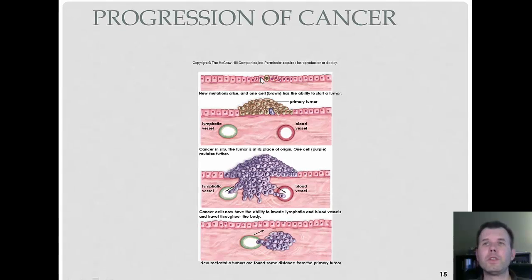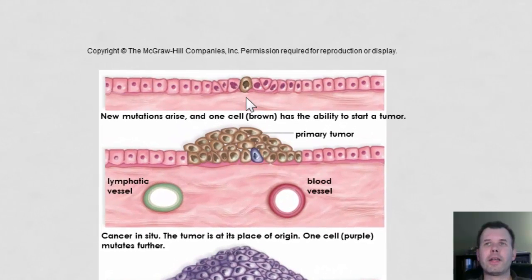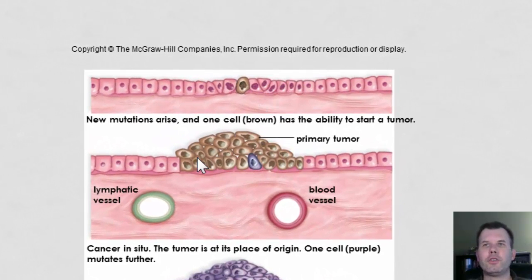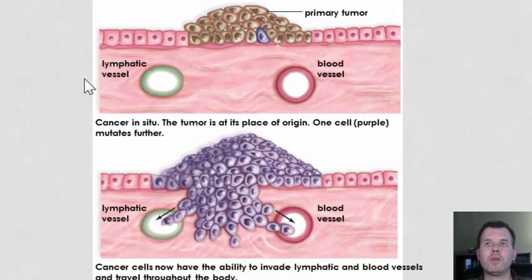Okay? So again, looking at the progression, you can see here, here's a normal cell that gets converted, some type of mutation to it. These cells start to grow a little bit out of control. You start to see these little tumor cells forming. And this is why they always tell you to check your skin and look at these things. Keep an eye on things. If something doesn't look right, get it checked out by the doctor. Because eventually these things start to grow out of control.